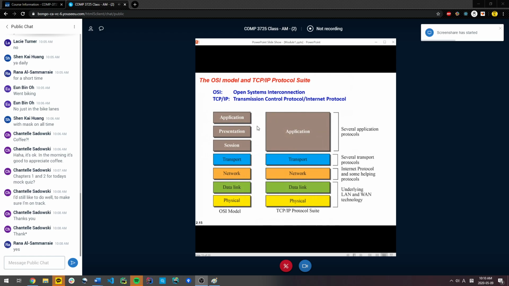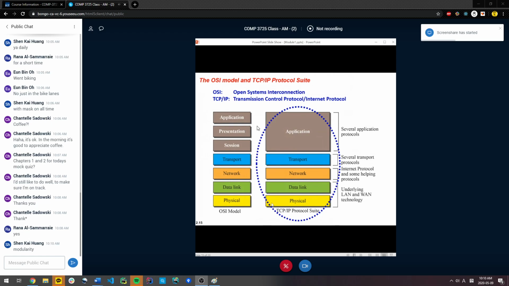Okay, so then the question is this: if you recall from last class, why is it that we break this down into different layers? Why not just say that the entire protocol is one layer? The model that we're focused on is the TCP/IP model. Exactly, why do we want modularity?